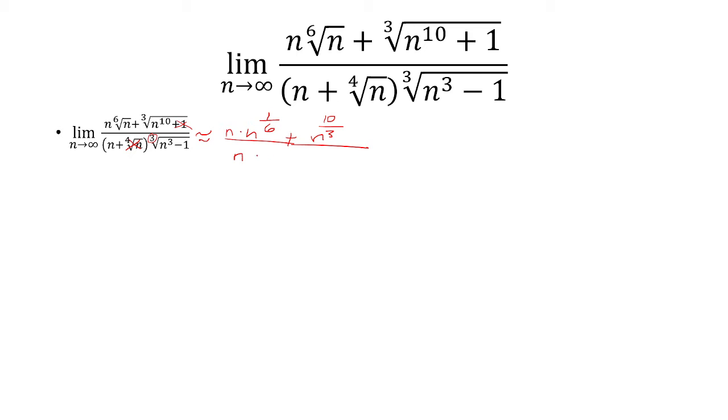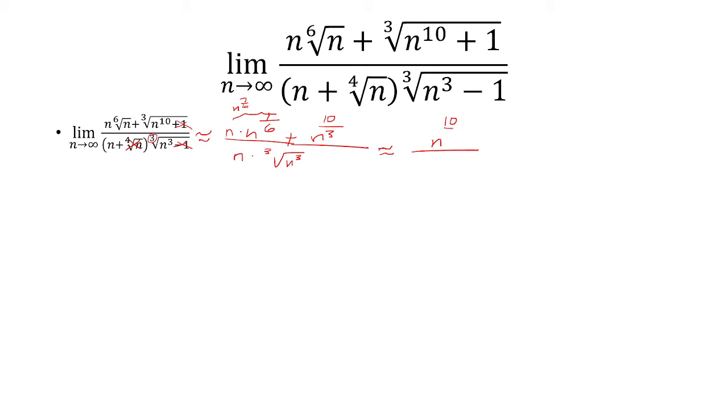Okay, so now I'm going to multiply this by the cube root of n cubed. I'm just going to ignore the minus 1 because, again, for large n values, the minus 1 doesn't really have much of an effect. Okay, so now I'm going to approximate this. Well, which one's bigger? N times n to the 1 over 6 power, well, this was n to the 7 over 6, or is n to the 10 thirds bigger?